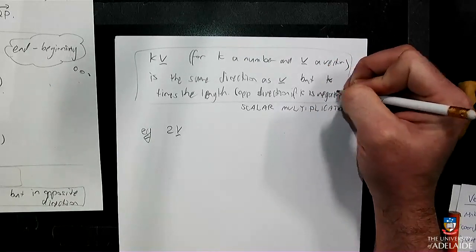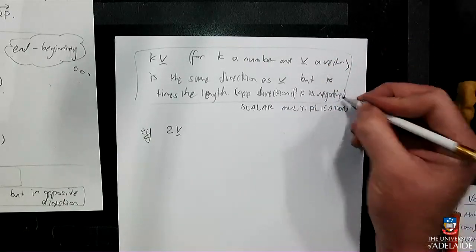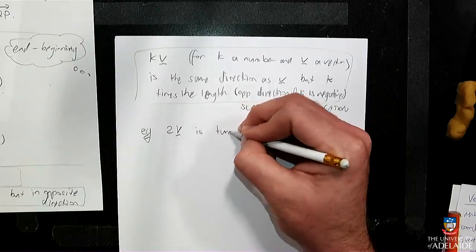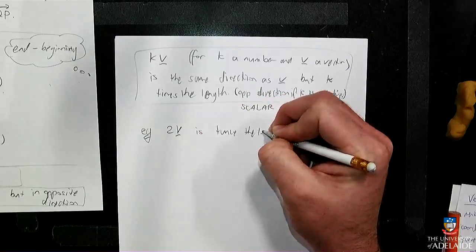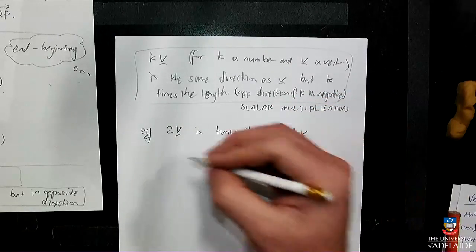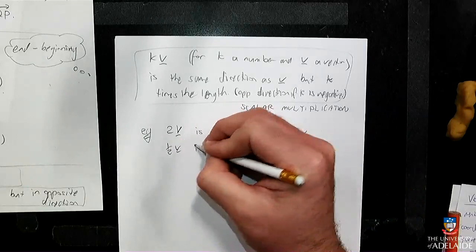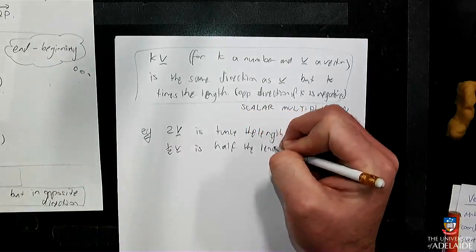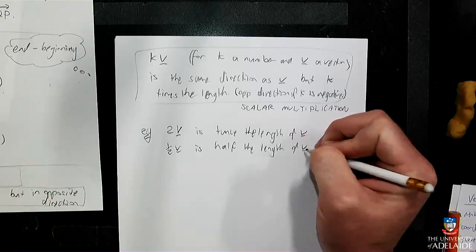Okay. So, for example, 2v is twice the length of v, and half of v is half the length of v. That's the idea.